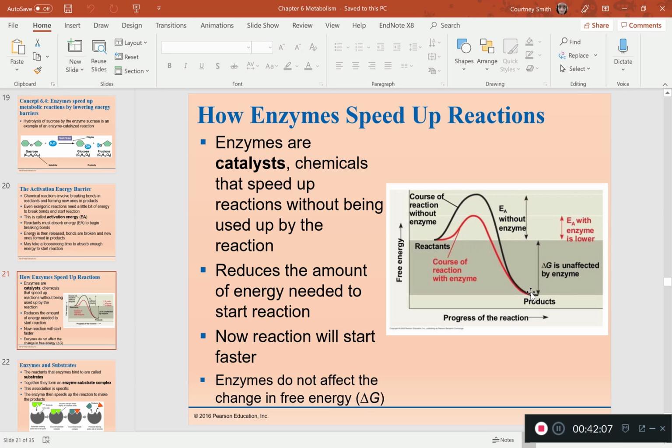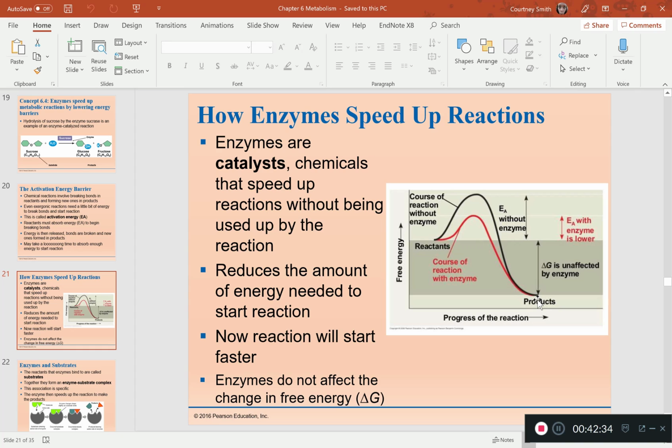The purpose of enzymes is that one, it speeds up the reaction, and two, it lowers activation energy, meaning you don't have to put as much work in to still get your final product. Whereas without an enzyme, you have to put in more energy, and it takes a little bit longer to get to your final result.